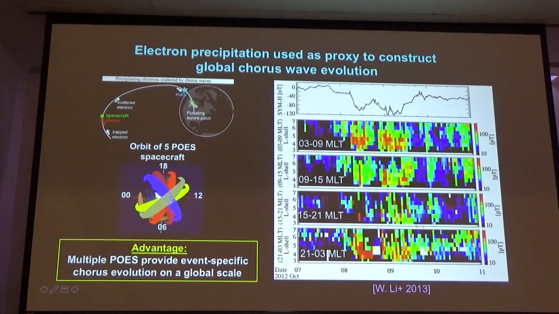This is one example constructed based on these electron measurements, showing their evolution in L shell and time at various MLT. This type of event-specific wave evolution is shown to be critical in capturing the dynamic change in energetic electron dynamics.